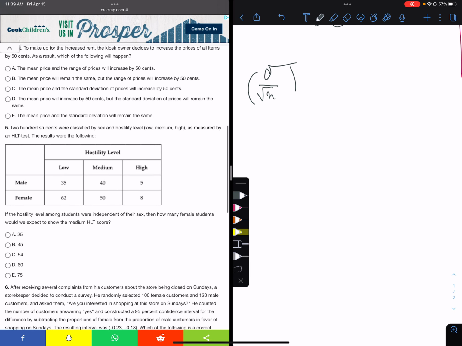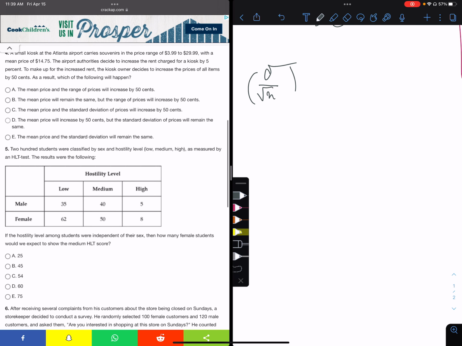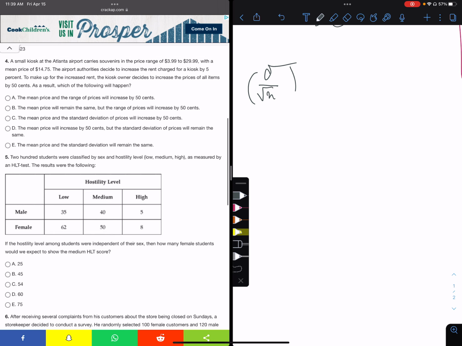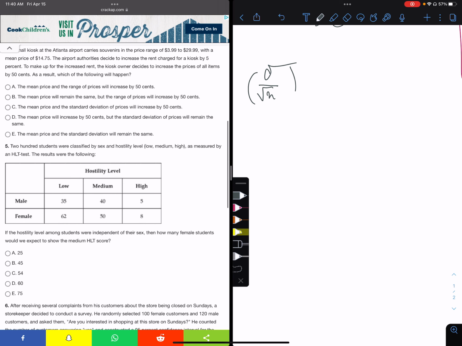Mean price will remain the same. Decide to increase the rent charge on the cost for 5%. The mean price. Yeah, it is.